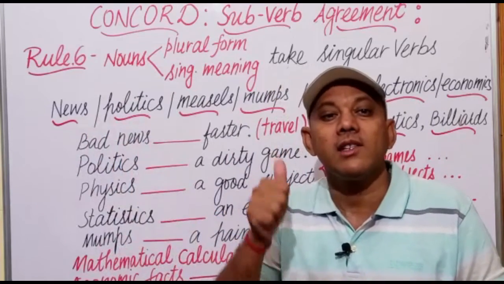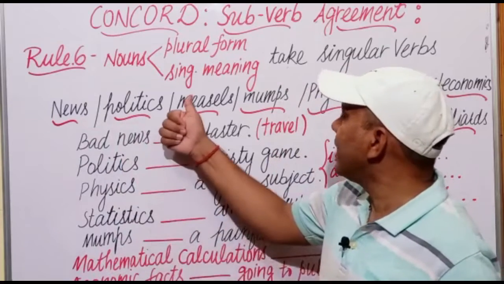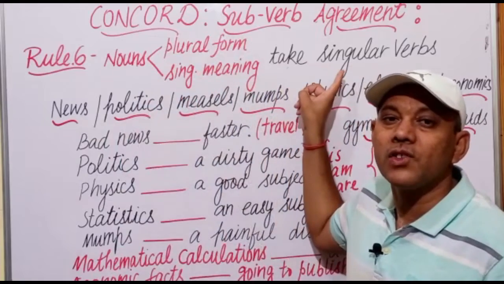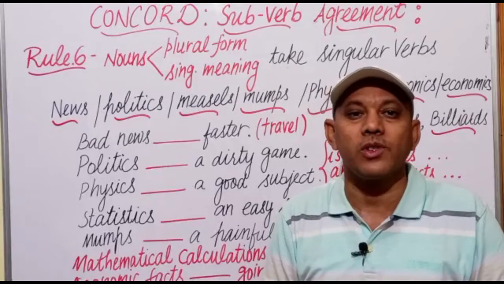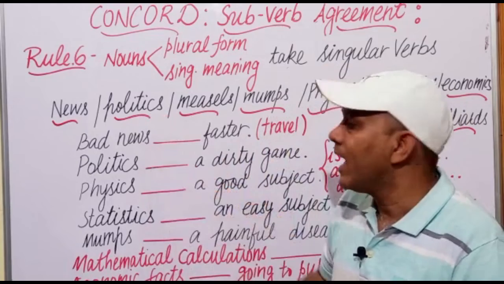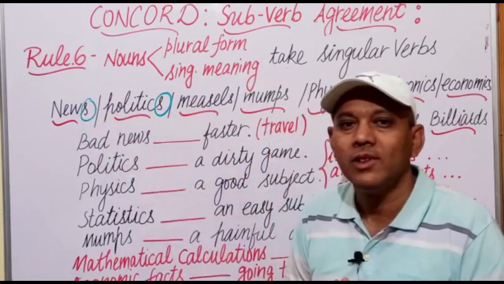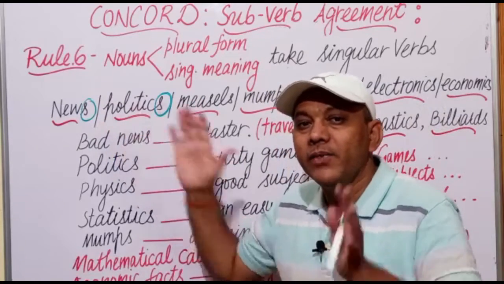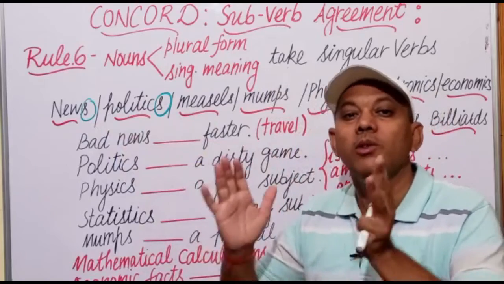They have a singular usage, so they will always take a singular verb. So, never be confused by looking at the s at the end of every word. You have to identify their meaning. If they refer to a singular meaning, they will take a singular verb.